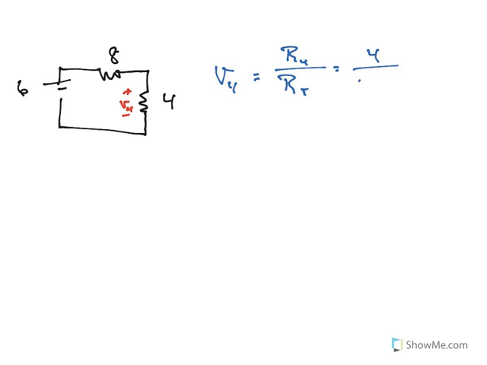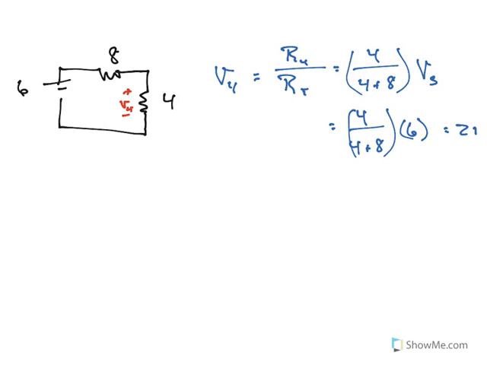So that's 4 over 4 plus 8. And I'd multiply that by the total source voltage. So 4 over 4 plus 8 times 6. And of course this gives me 2 volts.